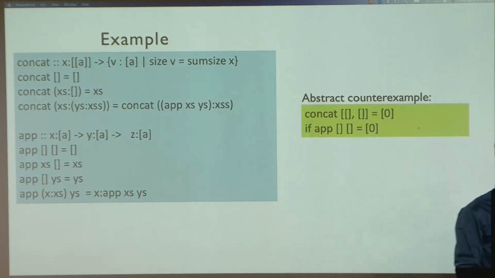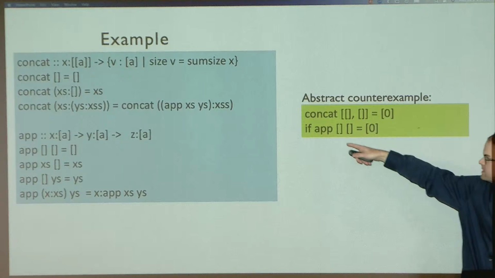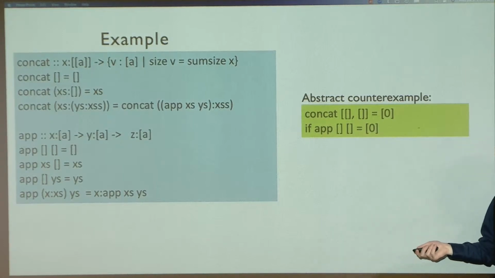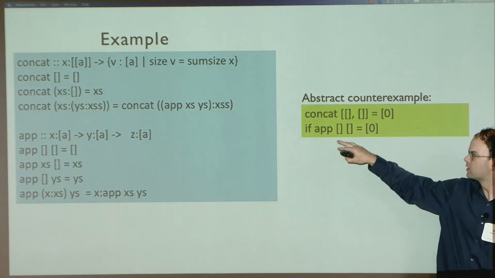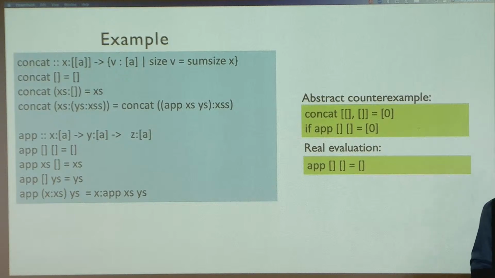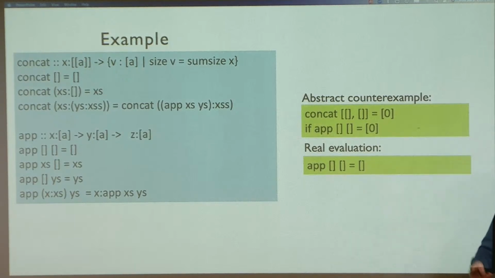So we're going to get an abstract counterexample that tells us that if we concat a list with an empty list and an empty list in it, that can give us a list with 0 in it. If appending an empty list and an empty list gives us a list with 0 in it. And in fact, we can also just run app concretely on an empty list and say, what does app actually do, right? Well, appending an empty list to an empty list gives us an empty list.